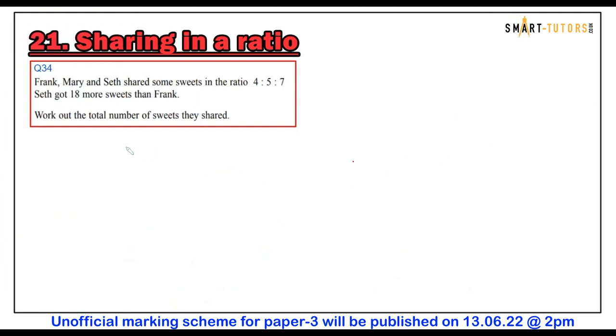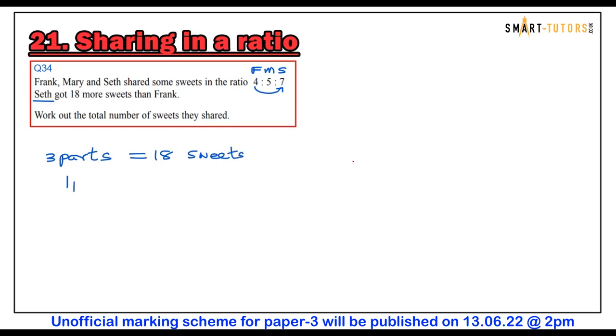Topic number 21, sharing in a ratio. Frank, Mary and Seth shared some sweets in the ratio 4:5:7. Seth got 18 more sweets than Frank. So if you label them F, M and S, Seth is the last person, who gets 18 sweets more than F. So 4 and 7 in comparison. 4 and 7 means 3 parts, 3 shares, 3 parts equal to 18 sweets.